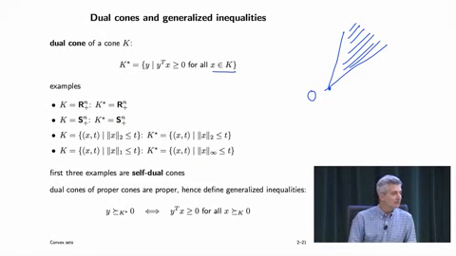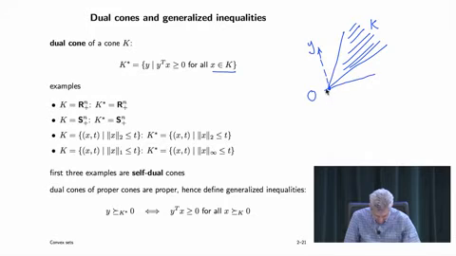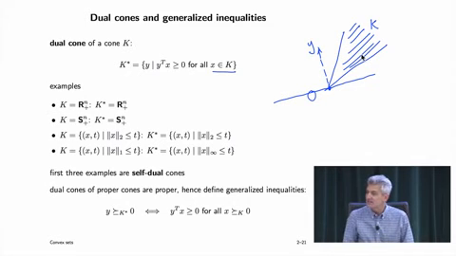To evaluate if a point is in the dual cone, let's just check. If I ask whether this point y is in the dual cone of K, we look at this half space, the set of points that make a non-negative inner product with y. You can see that, in fact, every element of K is in it.